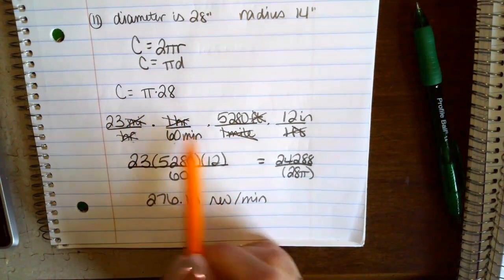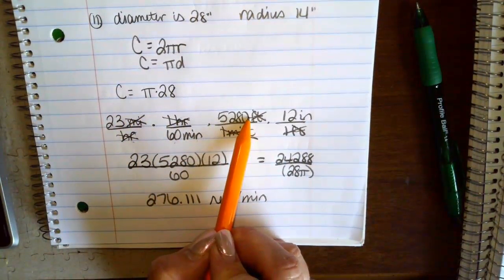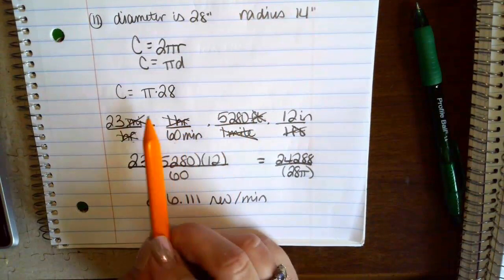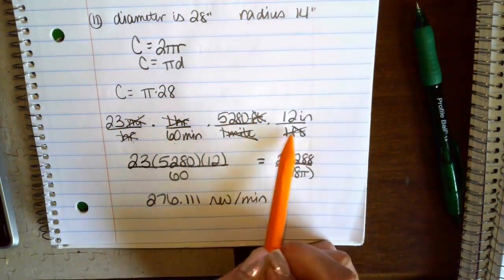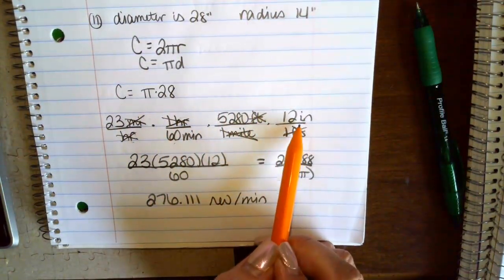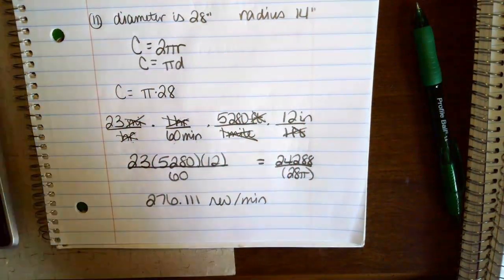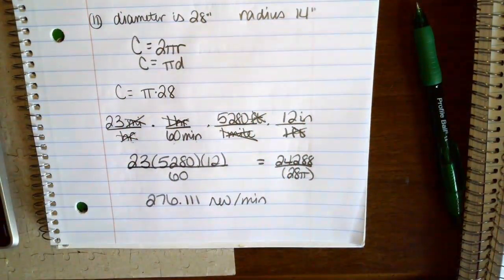Okay. And then I've got 1 mile is 5,280 feet. So the miles reduce, and then feet are going to reduce, and I'm going to introduce inches. So when I do all that math, I got 2,076.111 revolutions per minute.